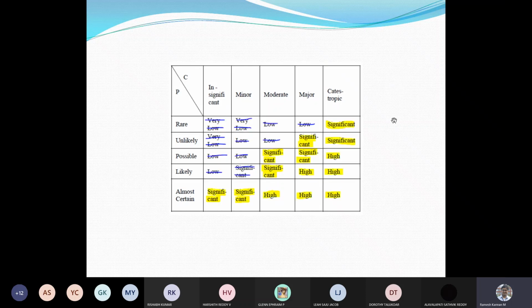Let's take a look at the consequences. The one that is struck out is not going to be very much in place, whereas the one highlighted in yellow color should be looked at in very detail, right? That's why we generally prioritize risks based on these. So this is very important.